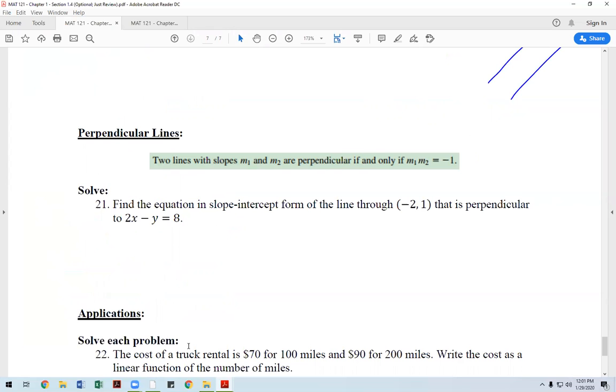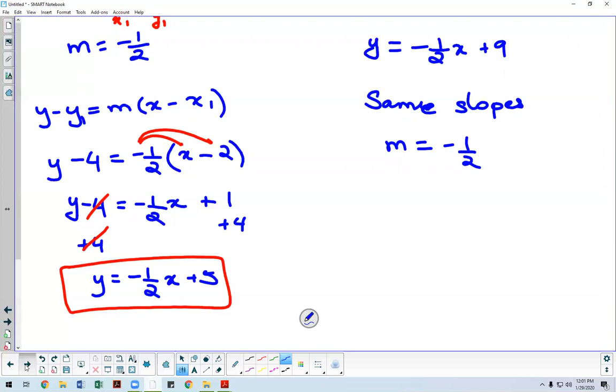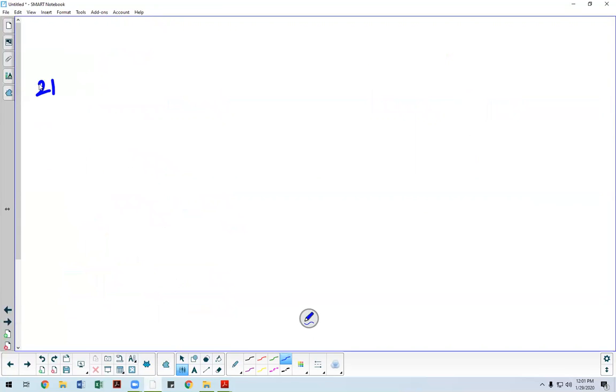So to try and solve something like 21, the point that is given to us is -2 and 1. They're telling us it's perpendicular.